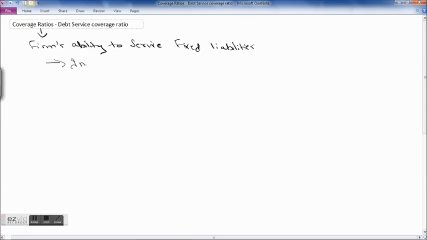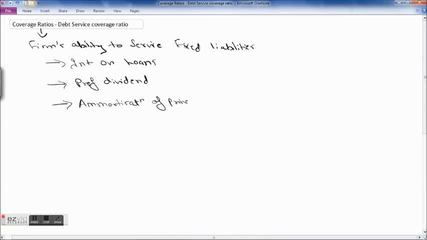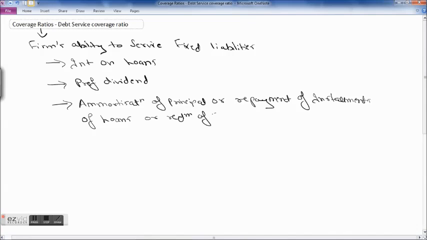That includes your interest on loans, then your preference dividend, then amortization of principal or repayment of installments of loans, or redemption of debentures or preference shares on maturity.